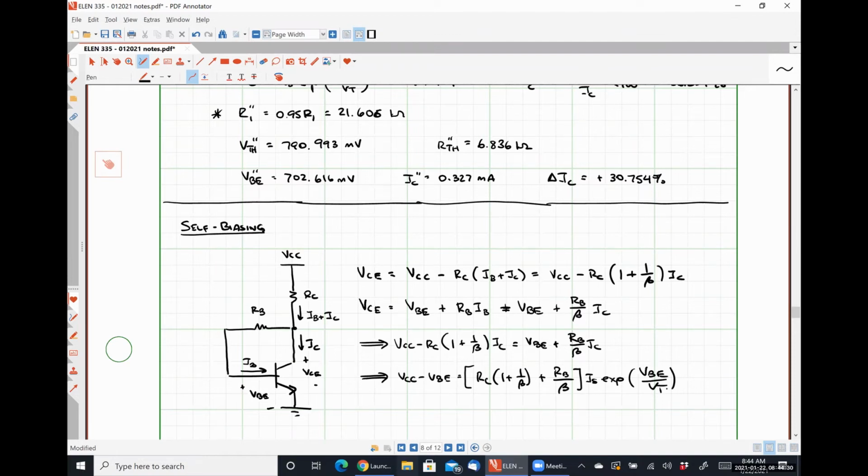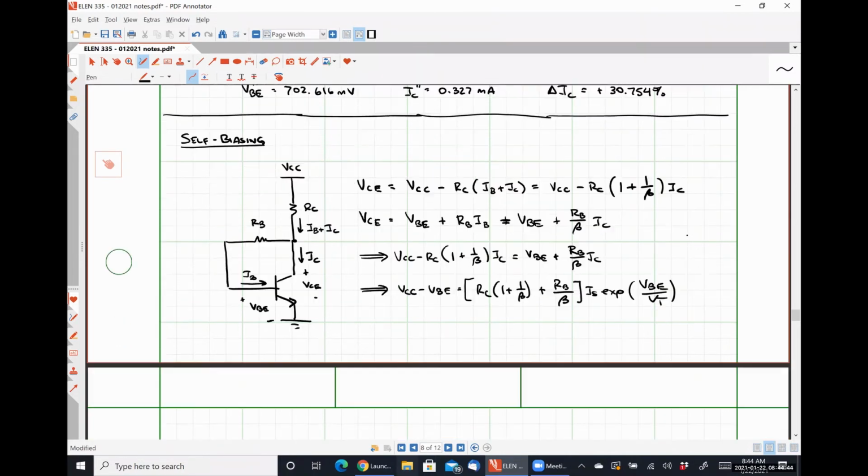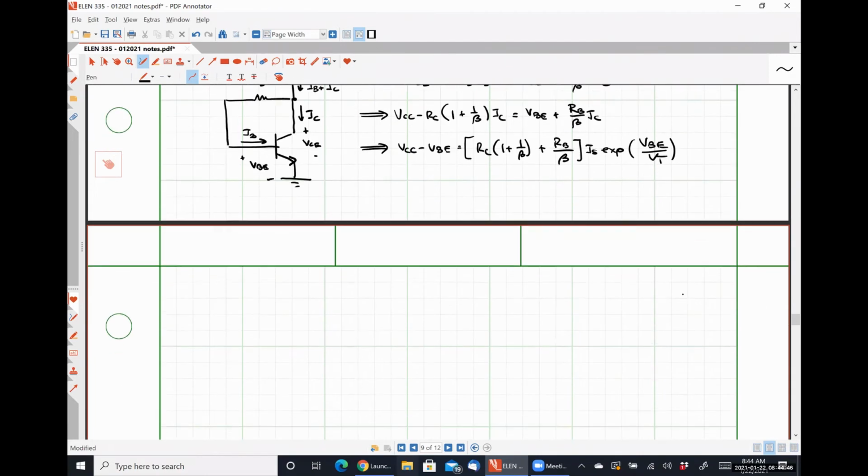And this gives us our one equation, one unknown, so we can solve for the operating point of this circuit trivially, right? Because once we use this to calculate VBE, then we can determine IC easily. So let's do just that for a quick example.